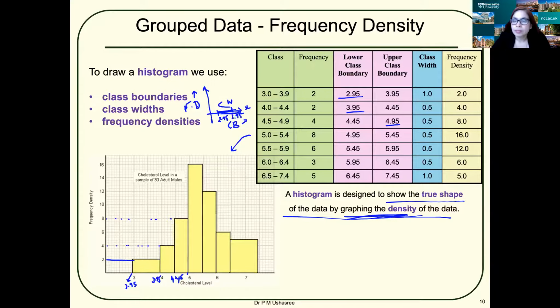Now, a very important thing. You know that on the x-axis you have the class boundaries, and on the y-axis you have the frequency density. Now the most important thing is, what does this yellow region tell you?